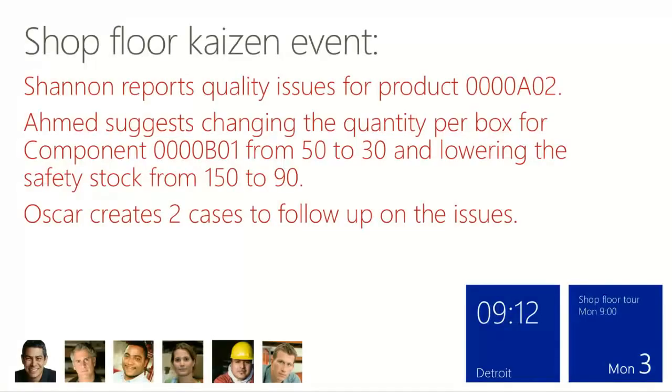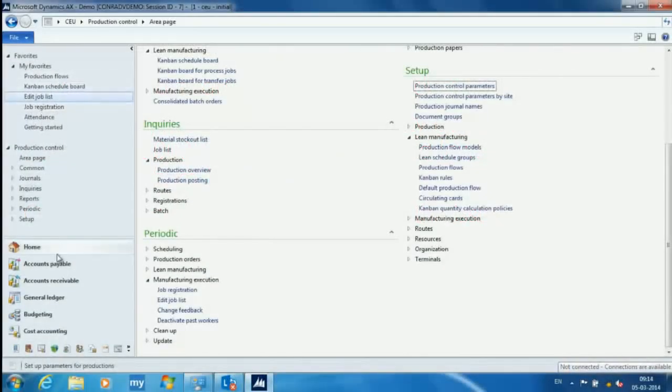So to remember that and note that in the system, Oscar is going in and actually creates a case for Eduardo to remember to do this. So he's actually starting with the product.